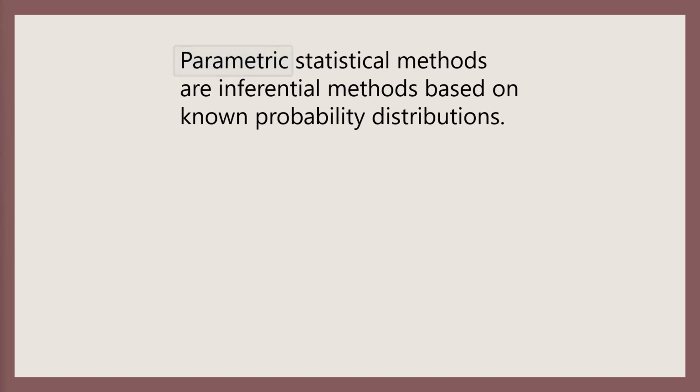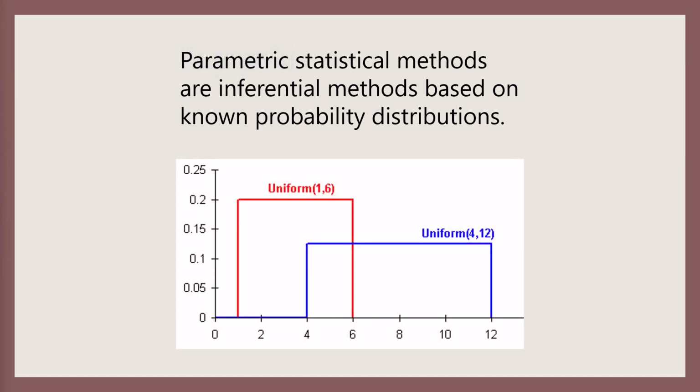For example, the uniform distribution is a distribution for which the probability of making an observation that is within a certain distance of a specific value is the same within the entire range of that distribution, but zero everywhere else.